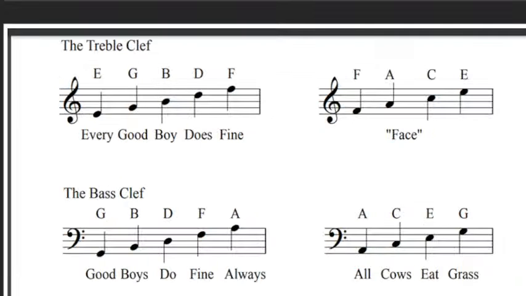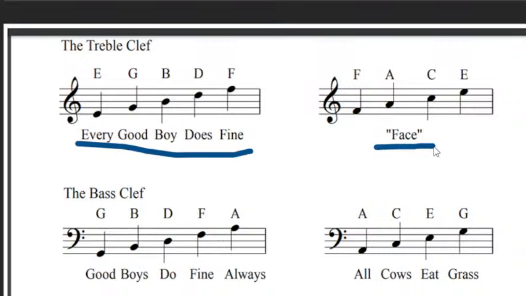So still on treble clef, we've said every good boy does fine, or every good boy drinks Fanta. It's okay, there is no problem. You can decide to use any other phrase.